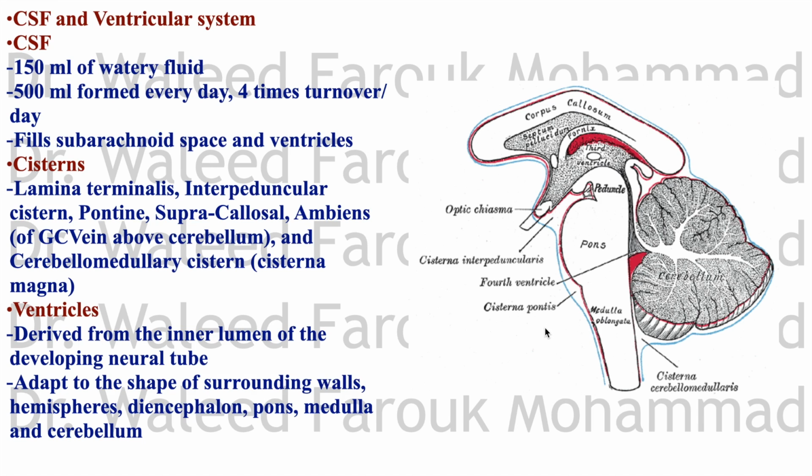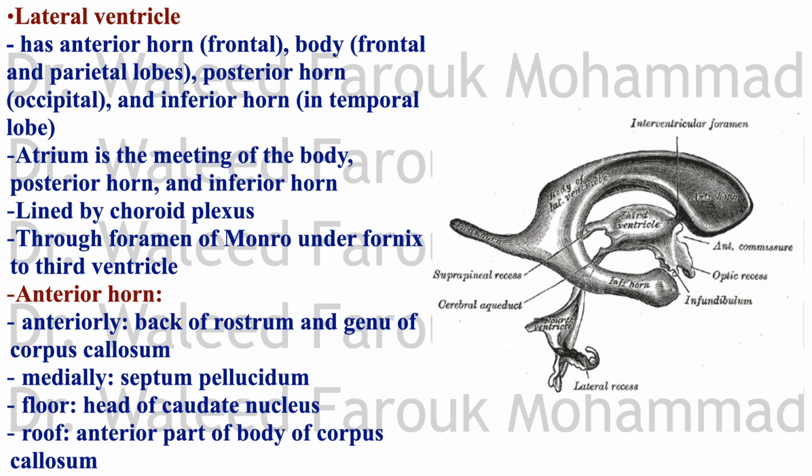Now the ventricles, they are derived from the lumen of the neural tube, as we discussed before. And of course the ventricles are a space, so they adapt to the surrounding walls, hemispheres and diencephalon, pons, medulla and cerebellum. The largest is the lateral ventricle.